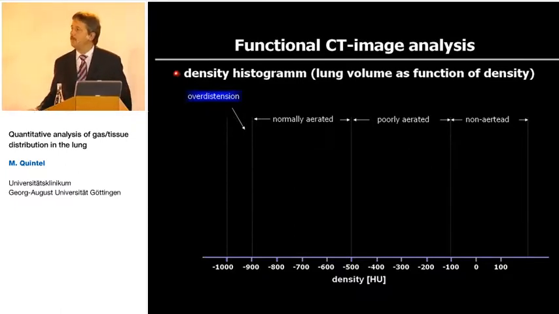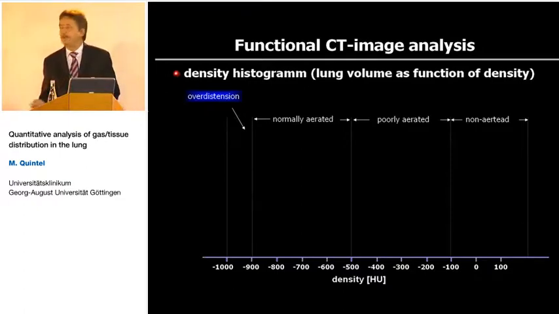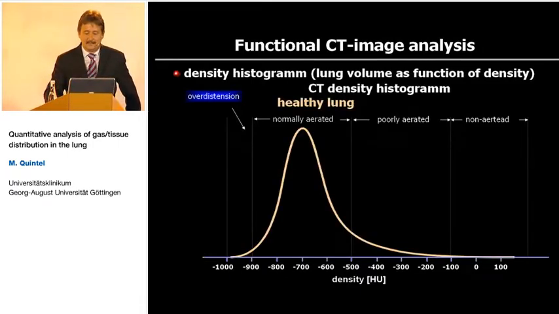And as we learned in the morning, from minus 900 up to minus 100 these are normally and poorly aerated areas, and everything between minus 100 and plus 200 is non-aerated or consolidated lung areas.